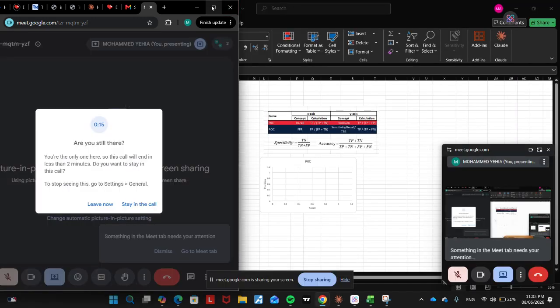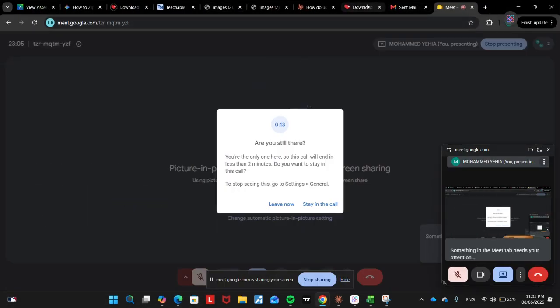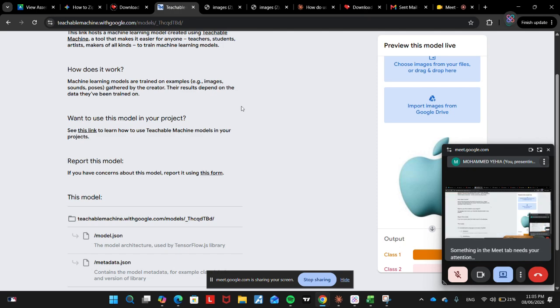Right now I'm going to open Teachable Machine and show you a demo of how we actually test the icons.